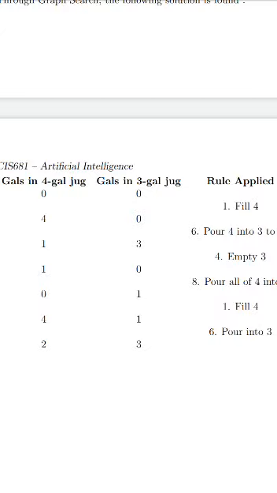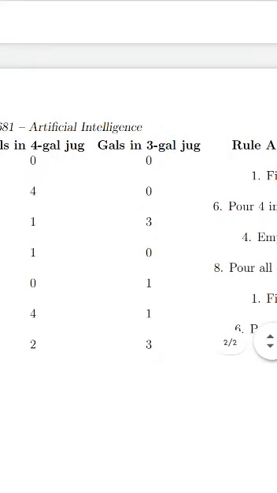The remaining conditions are X is 1 and Y is 0.